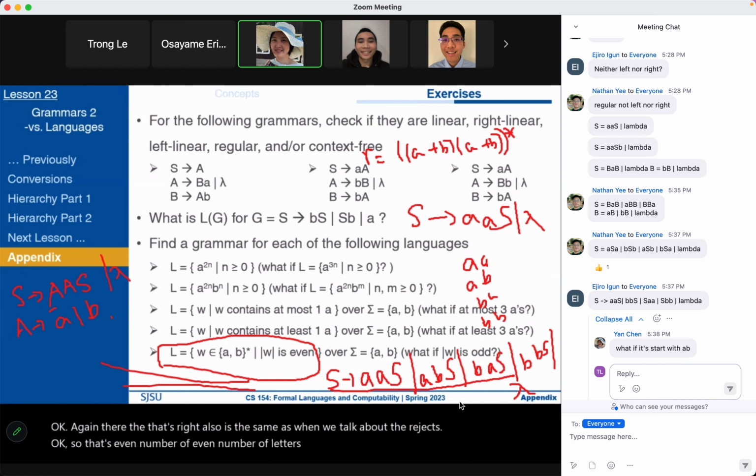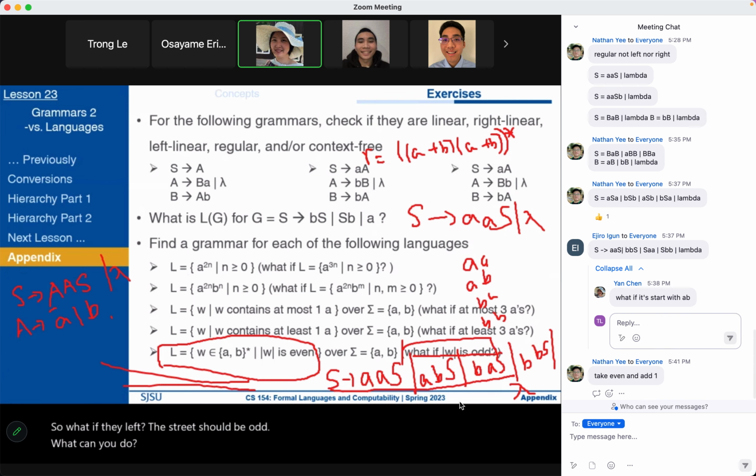So what about, let me see the chat. What about an odd number? What if the length of the string should be odd? What can you do? Nice.